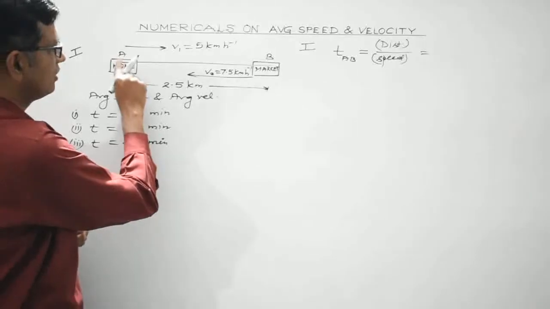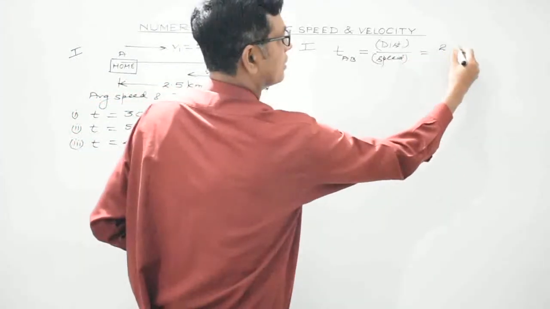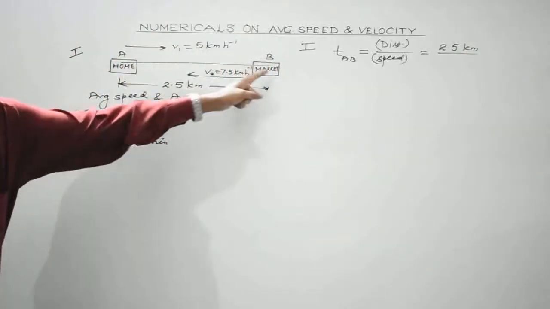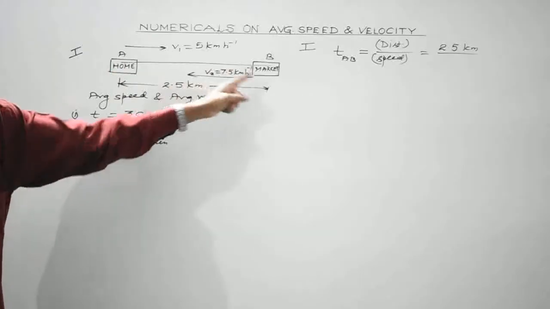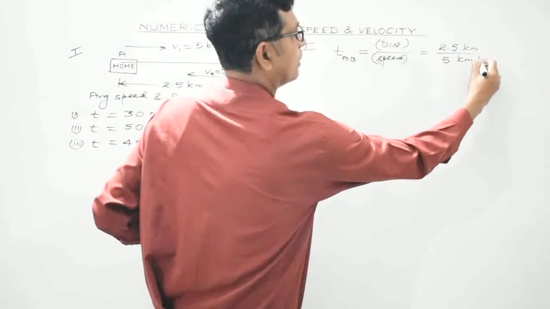In covering the distance from A to B, what is the distance covered? 2.5 kilometer. And with what speed is the person covering this distance? 5 kilometer per hour.